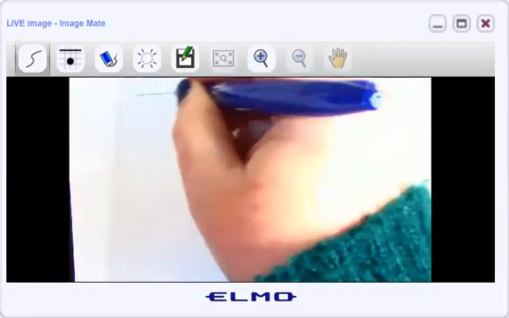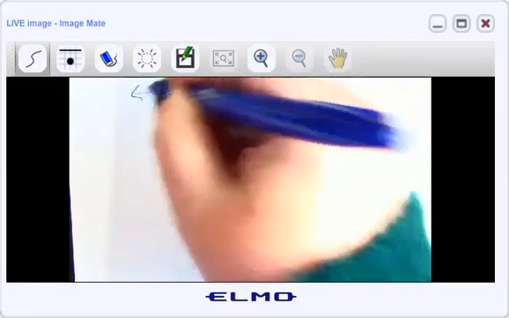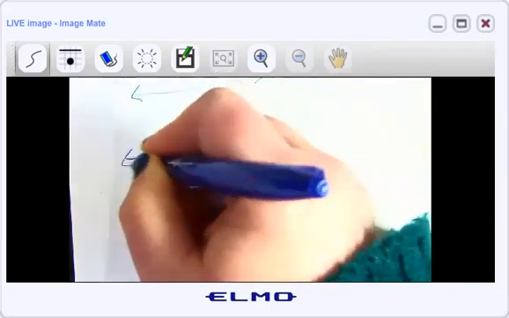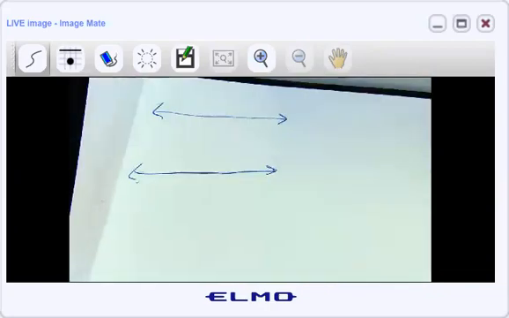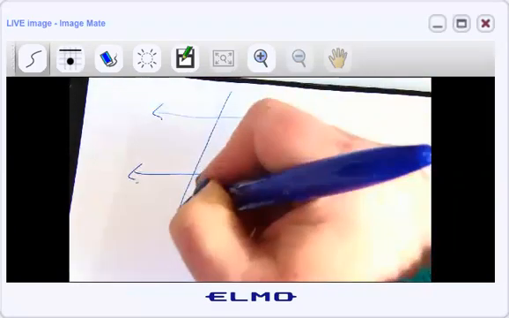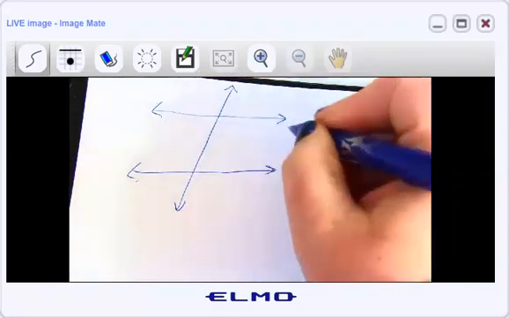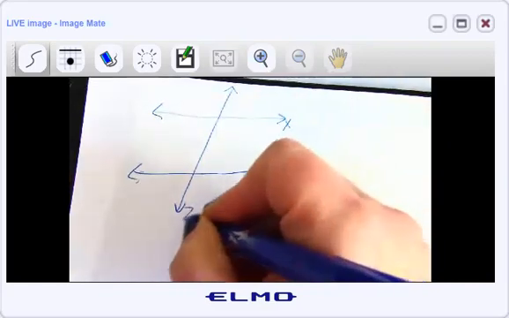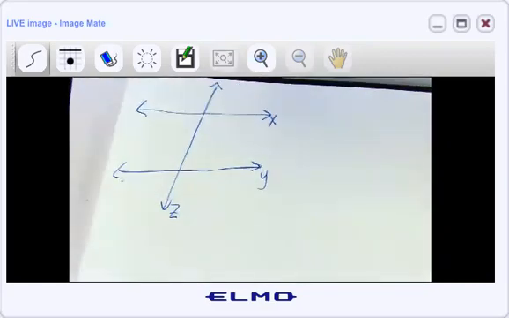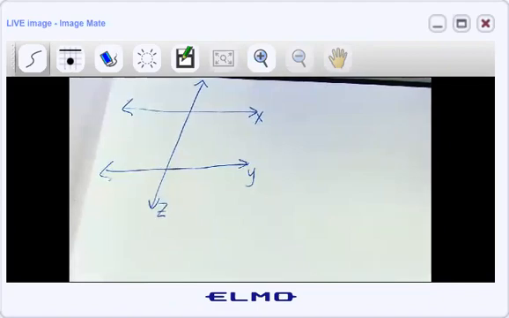To do this, I'm actually going to draw myself one of my diagrams. So give yourself 2 lines and then go ahead and cut it by a transversal. I'll call my lines X, Y, and Z. All right, so if you are drawing the same diagram as me, I hope you are, make sure that you number the angles the same way that I do, because we're going to reference the numbered angles, and if you number yours differently than me, then it's not going to make any sense.